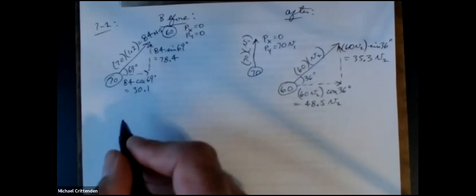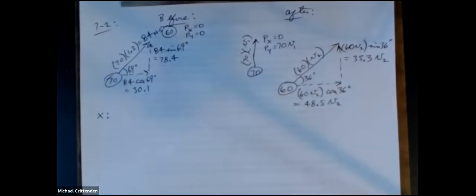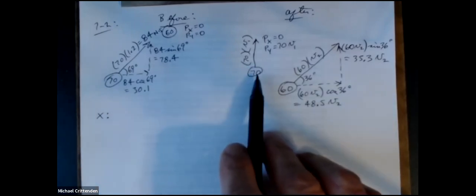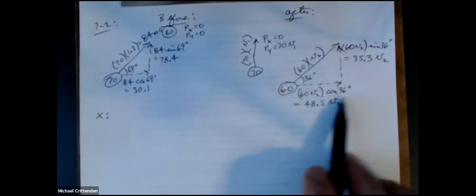Okay, so we've got all our components all figured out. Time to start flinging some equations around. Conservation of momentum in the x direction. And this time it'll be x where there turns out to be just one variable in the equation, because this thing has no x component. The only unknown in the x direction will be V2.